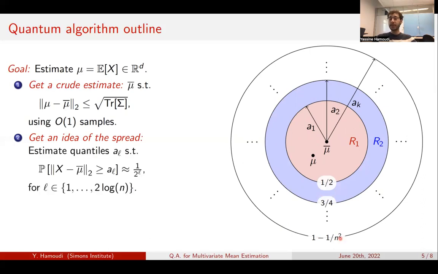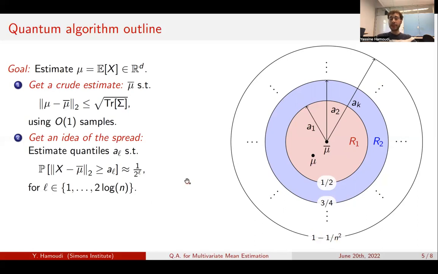Mathematically, those values are the quantiles AL that satisfy the following property: the probability of sampling a value outside the ball of radius AL, centered around mu bar, must be about 1 over 2 to the L. There is an exponential decrease in the parameter L, and this parameter L is going to be between 1 and 2 times log n to arrive at the last ball.